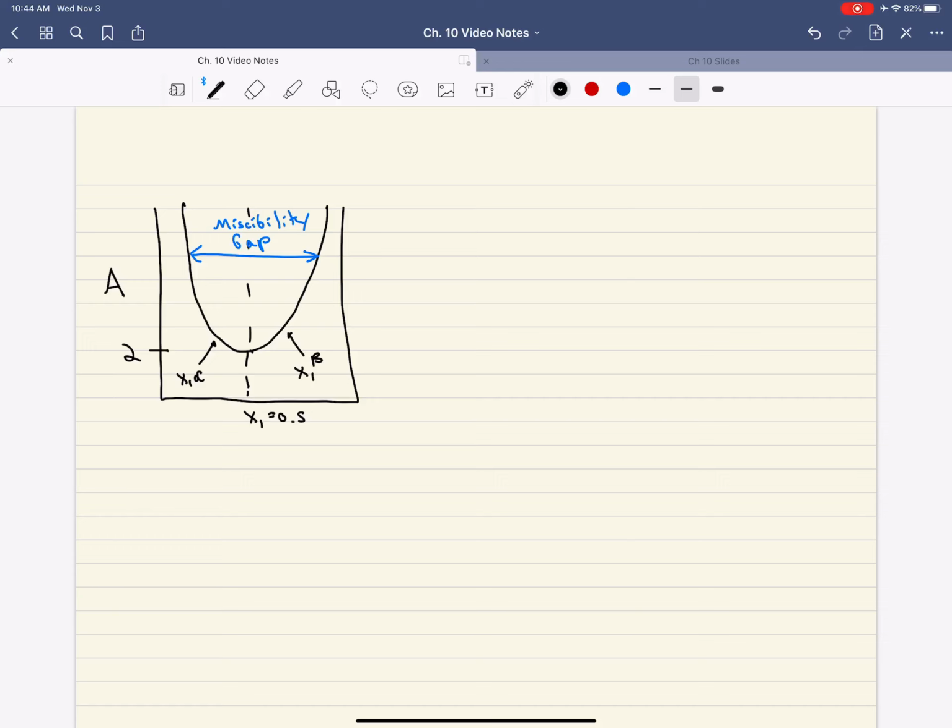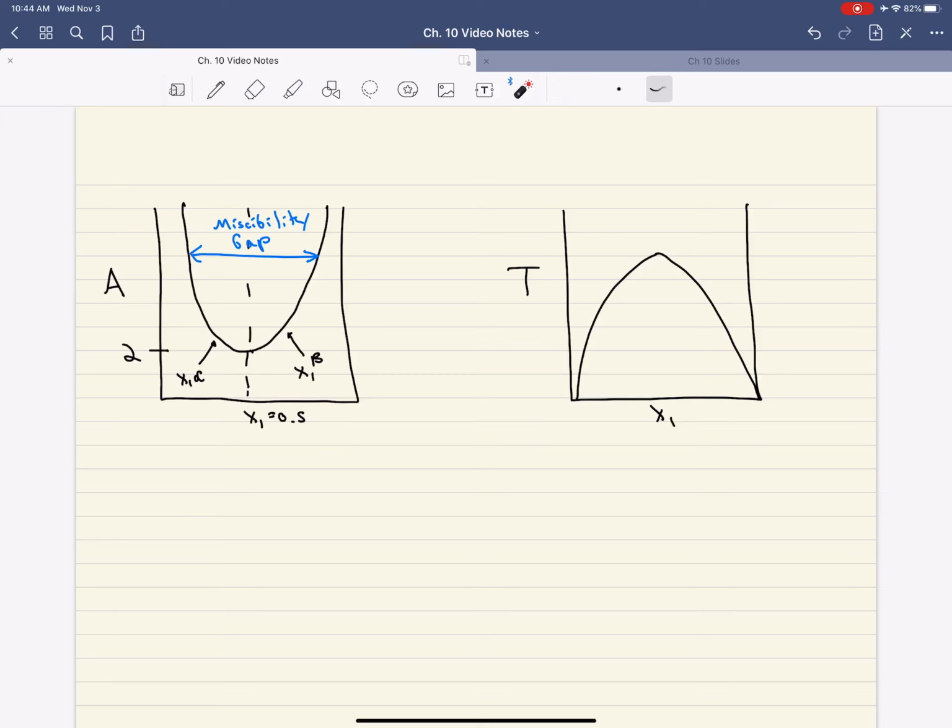Okay? If we drew this, we could express the same information on a Txy diagram, and it might be a little bit more intuitive at this point. So essentially, since A is just inverse to T, the Tx diagram is just going to be the upside down version of this. Okay? And so here, once again, the left-hand side is x1 alpha, the right-hand side corresponds to x1 beta.